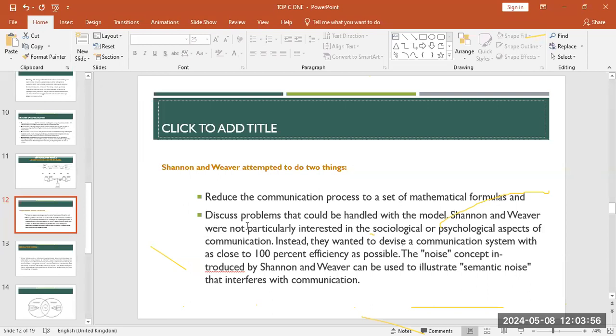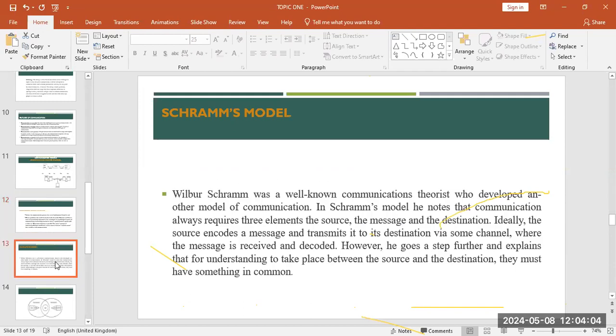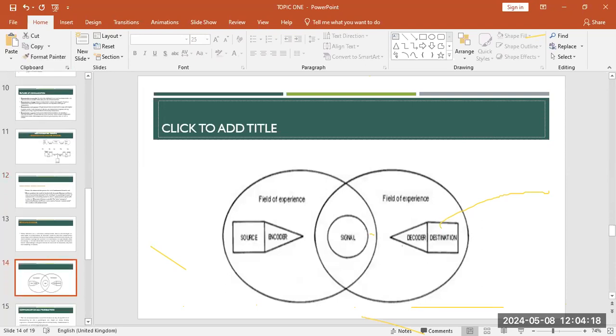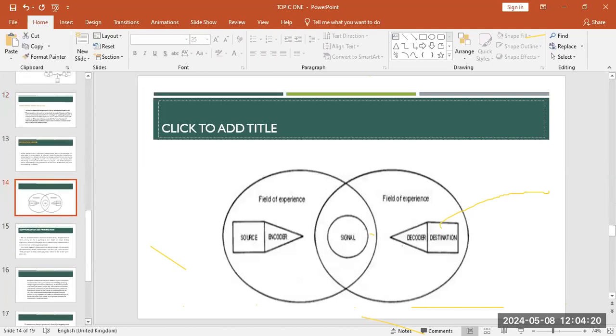It also attempts to discuss the problems that could be handled with the model. I'll give a lot of notes on that, so you'll be able to read on it. We have Wilbur Schramm's model, and I will also provide notes on this so that you read and understand well Wilbur Schramm's and Shannon and Weaver's models of communication.